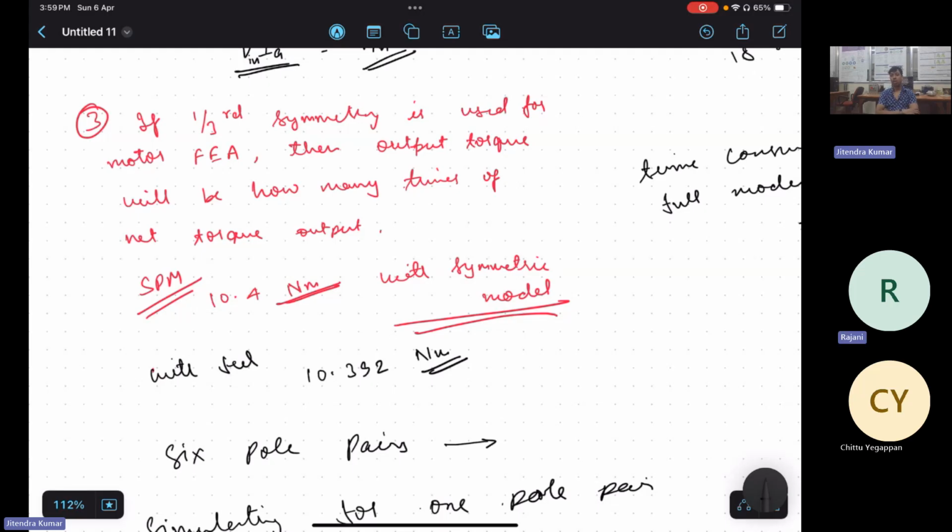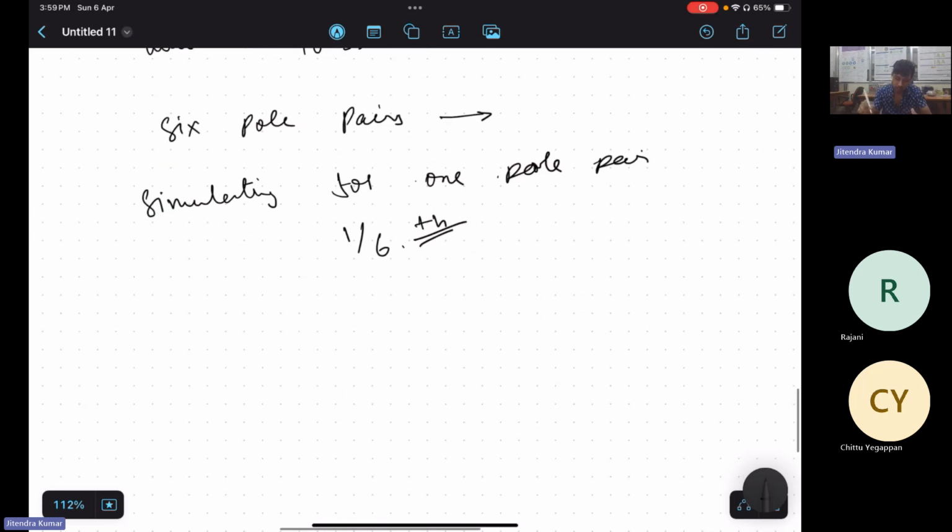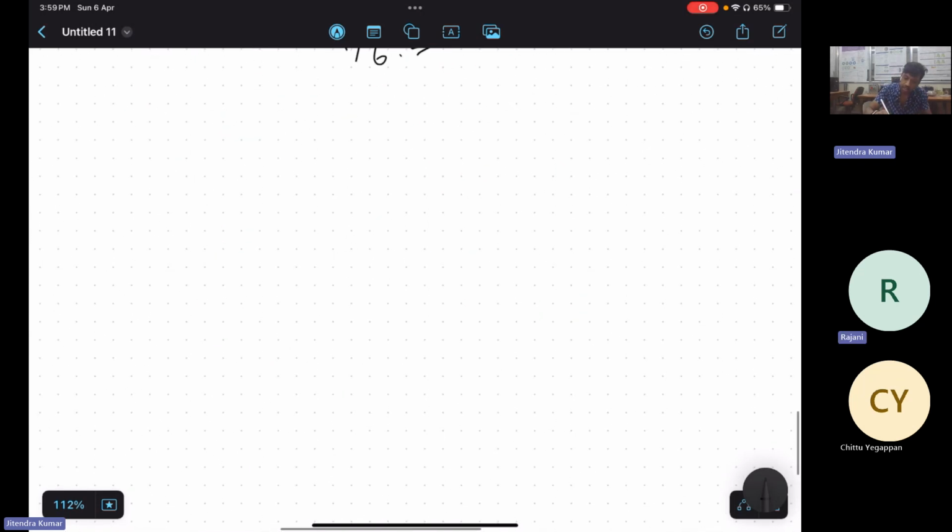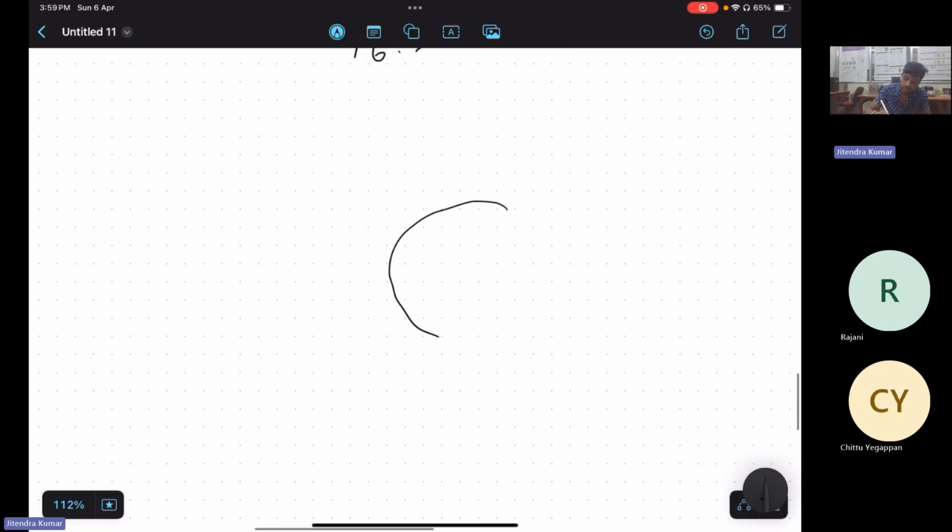Apart from accuracy, all those parameters will hold true, unless in some machine model the structure changes from one pole to another. In that scenario, this symmetry may not work. You are getting my point? Let's suppose you have a rotor and you have four poles based on four magnets.